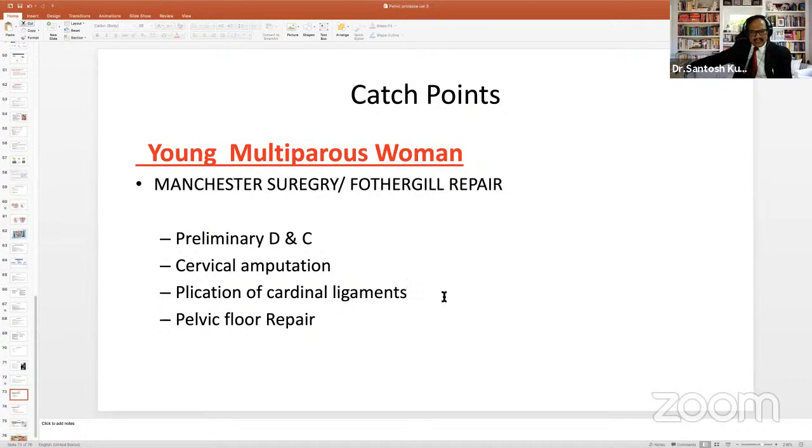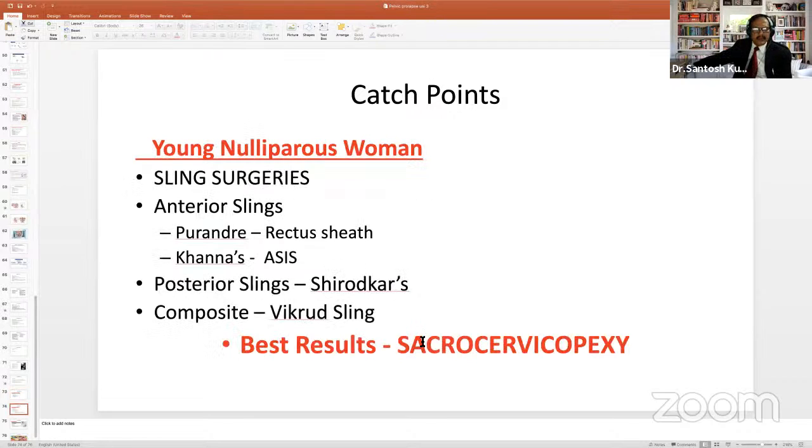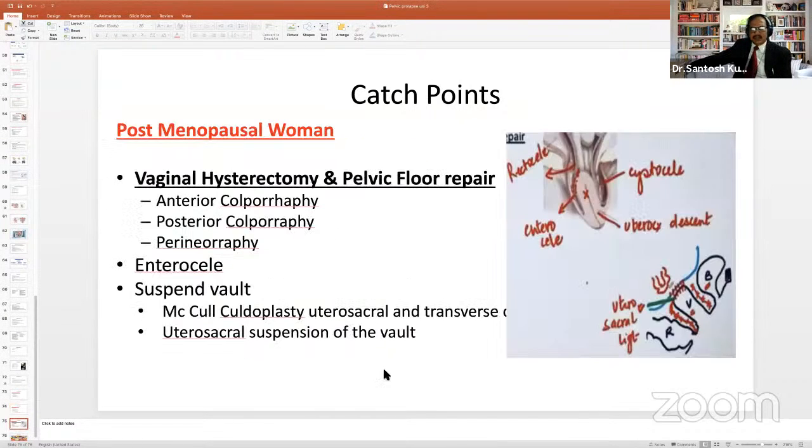You are strengthening this ligament and repairing the pelvic floor and any cystocele or enterocele. These are the other procedures, which are less likely to be used nowadays.